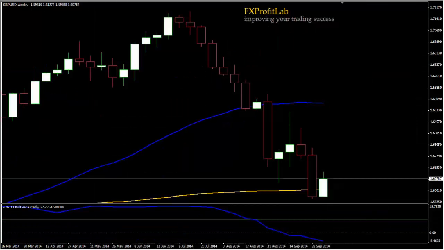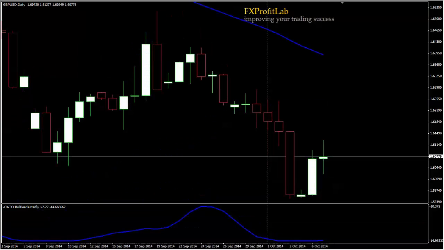So for the weekly, you can see that it is in the butterfly zone and it is coming down but leveling out. For the daily, you can see that it is down below 10. That's in the bearish zone, the red zone, below the red line as well. But it is beginning to flatten out and potentially turn back up again.